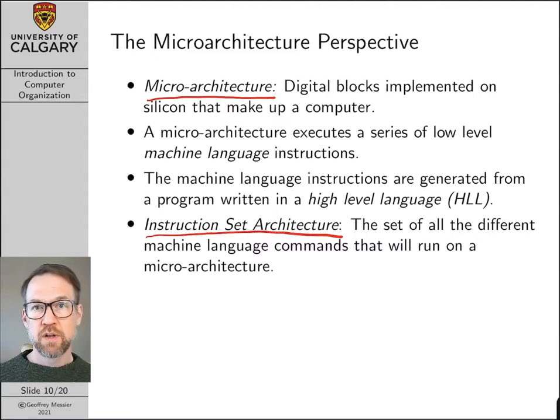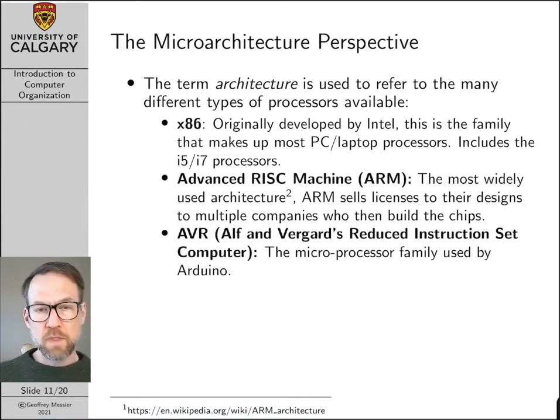Different microarchitectures will have a different set of commands that they can run. When we talk about instruction set architecture, sometimes we just refer to that as architecture for short. And architecture is also a word that we use to refer to different families of processors or different families of microarchitecture.